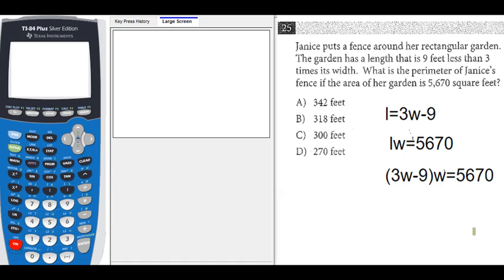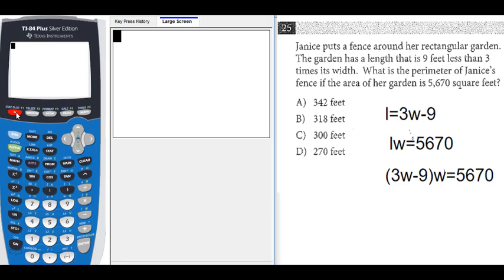So how to put into calculator and using equation solver to get the answer? First of all, you have to get equal to 0 form. So I minus 5670 both sides, and you will get 3W minus 9 times W minus 5670 equal to 0.